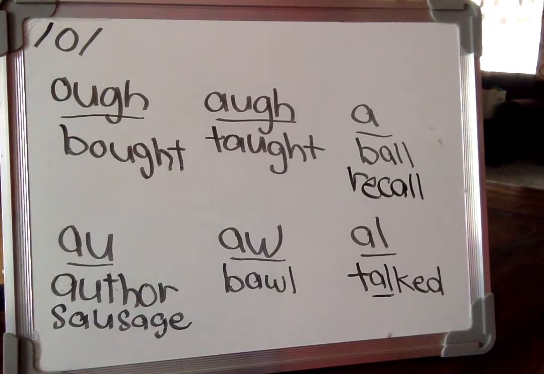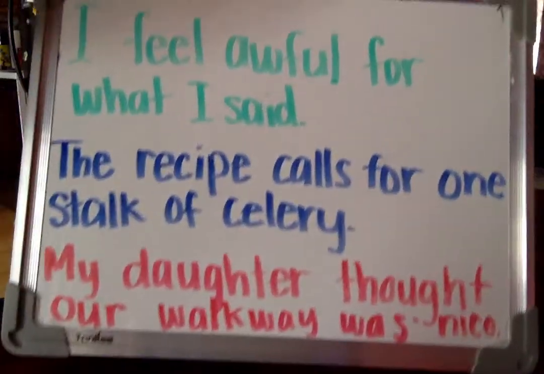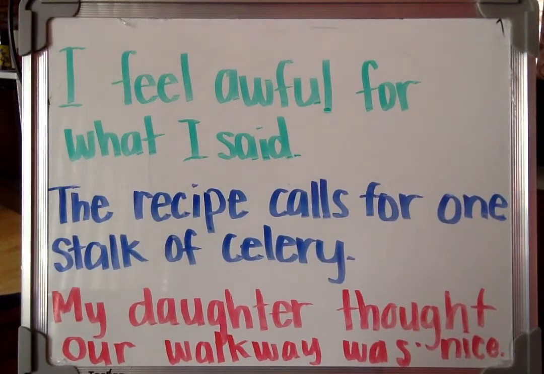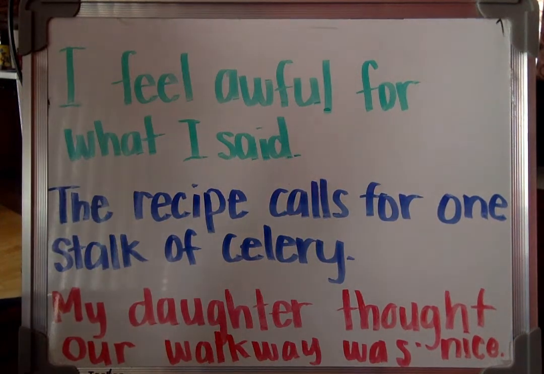Recall. Okay, so now that we have had some practice with our different patterns that spell that sound, we're going to read some sentences here and find the words that utilize those patterns, and I'm going to underline them for us when we find them.